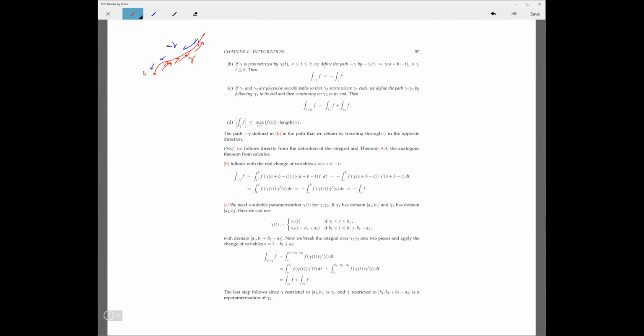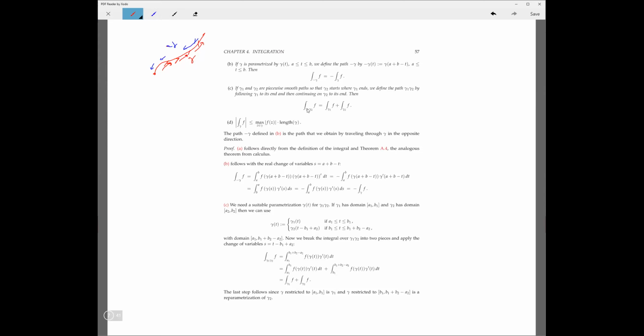Reversing the direction just introduces a negative. So that's just kind of like real calculus 2, except it's with paths.